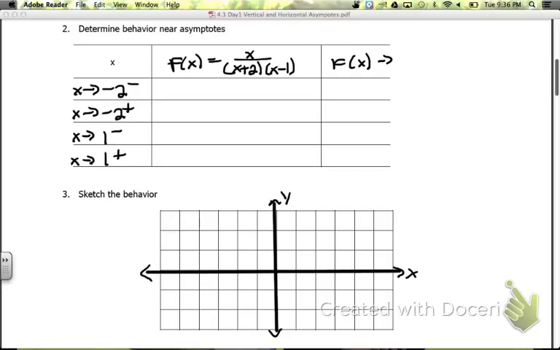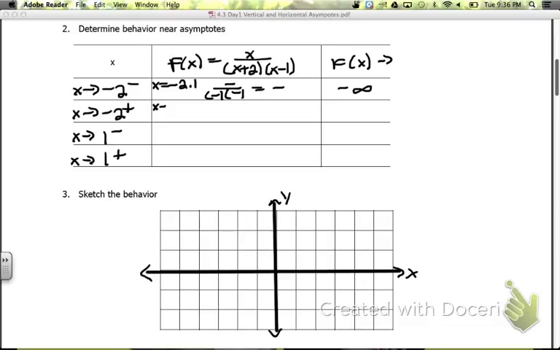Let's take a value for our first one of x equals negative 2.1, since this is on the left-hand side of negative 2. I get a negative in my numerator over a negative times a negative. Therefore, this will give me a negative, and we know that our function is approaching negative infinity. Now what about when x is approaching negative 2 from the positive side?